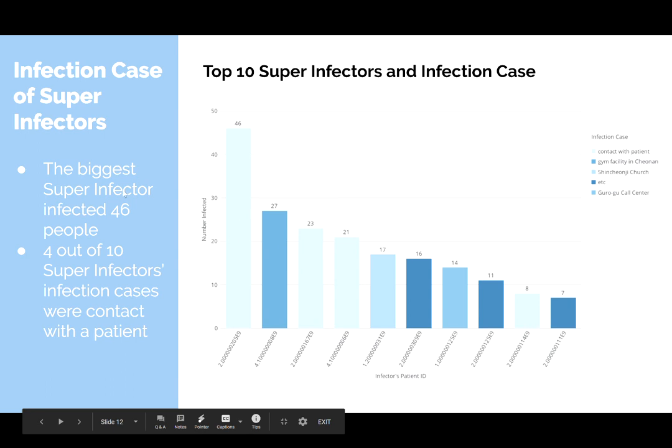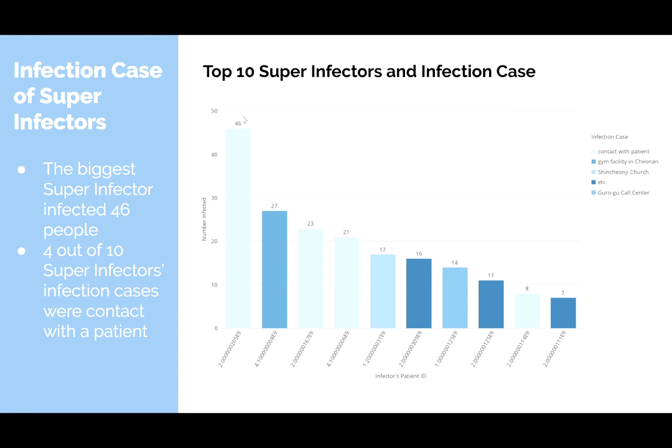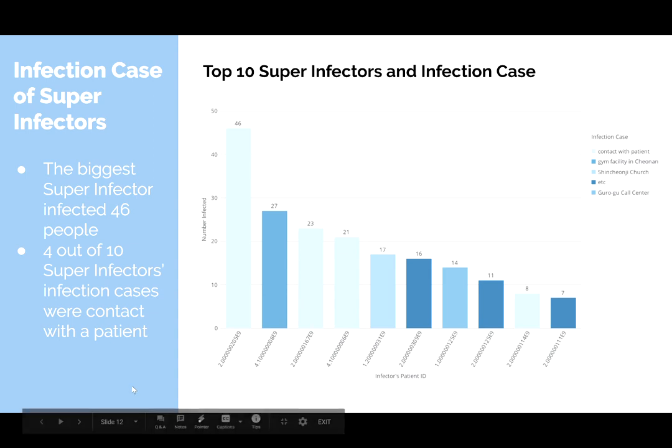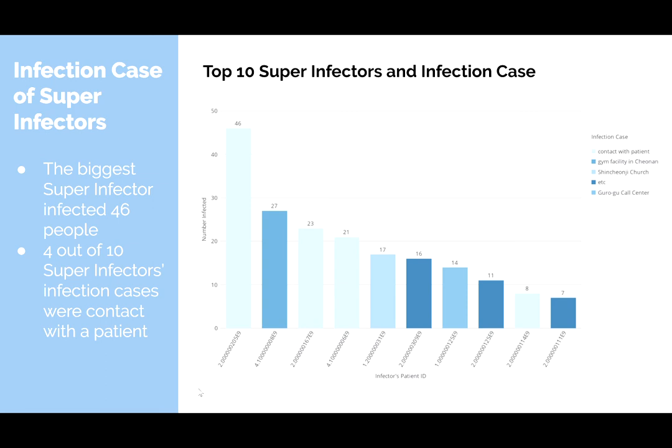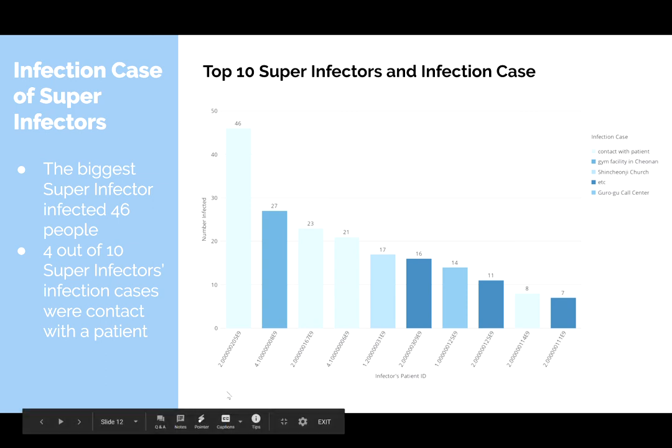The biggest superinfector infected 46 people that we know of, and 4 out of the 10 superinfectors' infection cases were contact with a patient. So this just shows that those who are working within the medical field are more likely to contract the disease and also spread it.